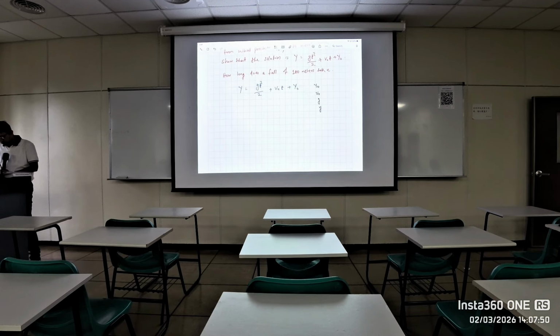Initially you can consider v0 is equal to 0 and y0 also equal to 0, g is 9.8 meter per second square, y is 100 meter. So the only thing you have to calculate is t. Yes, you can easily calculate.